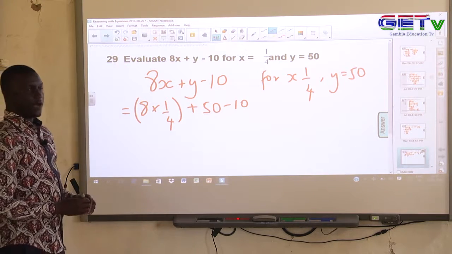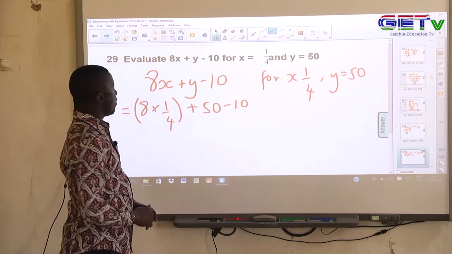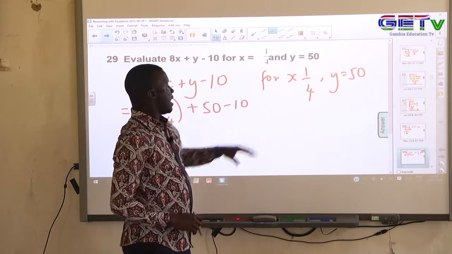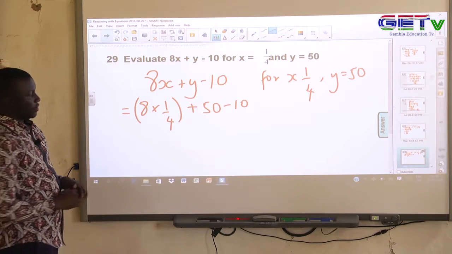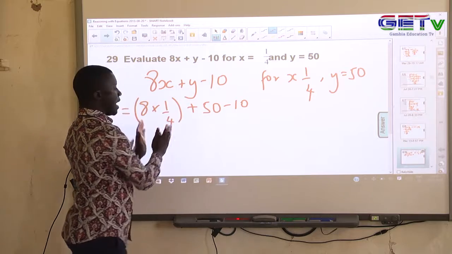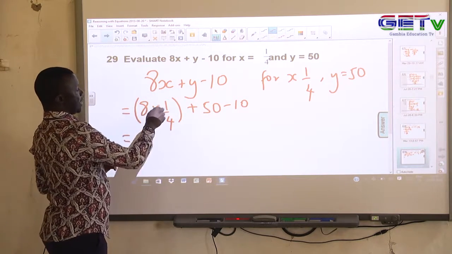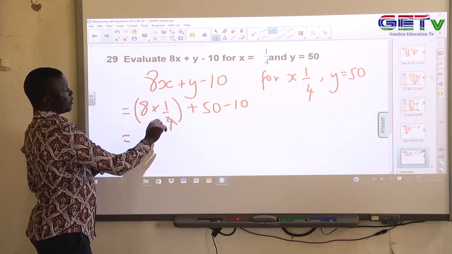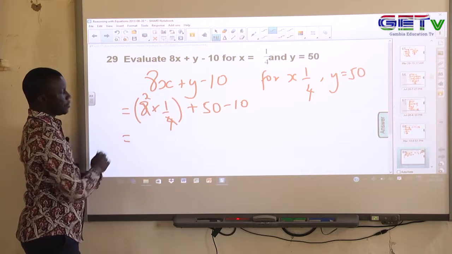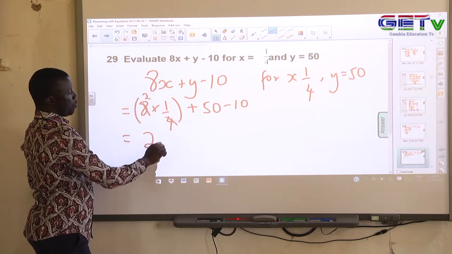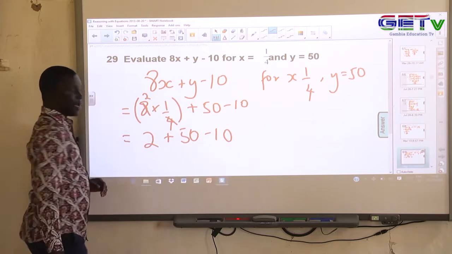We have substituted the values of our variables given, x as 1 over 4 and y as 50. We have to go by the order of operations. Therefore, we'll work on the bracket first, then extend to other operations. 8 times 1 over 4, we further simplify this as 4 into 8 is 2 times 1 is 2, plus 50 minus 10.